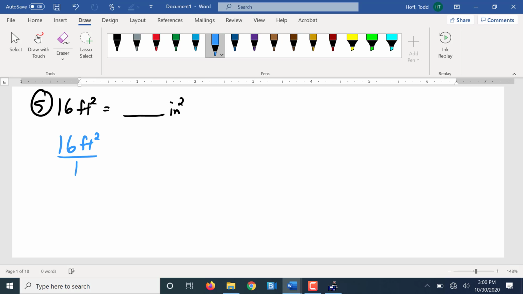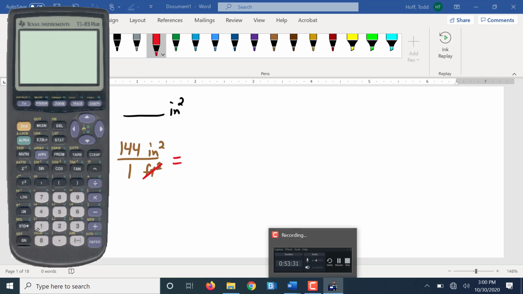To convert from square feet to square inches, how many square inches are in a square foot? There's 12 inches in a foot. Square is 12 by 12, which would be 144. There you go. So it's 16 times 144.